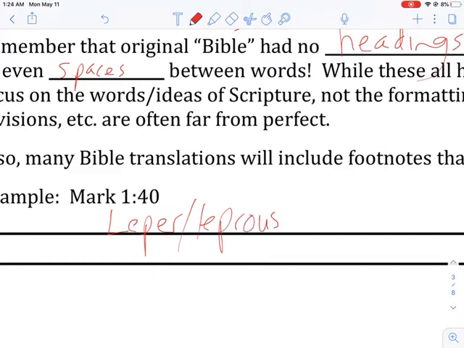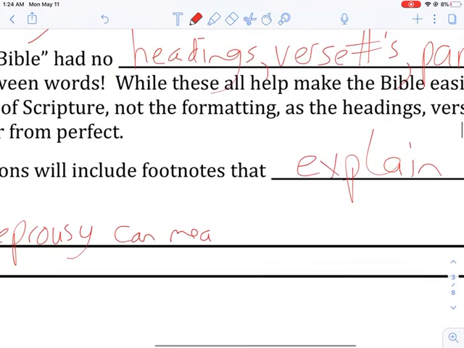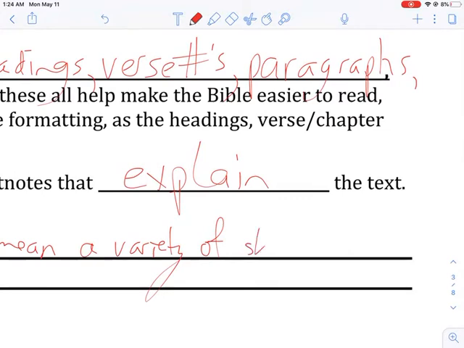Not just what's commonly thought of as leprosy, where people lose digits on their fingers or their nose or whatnot, it can mean a variety of diseases. And we'll say skin conditions.